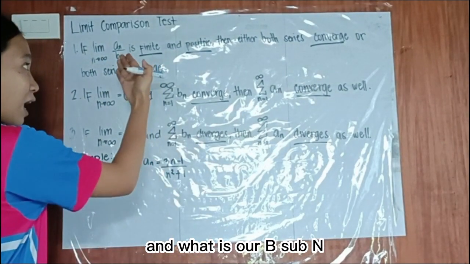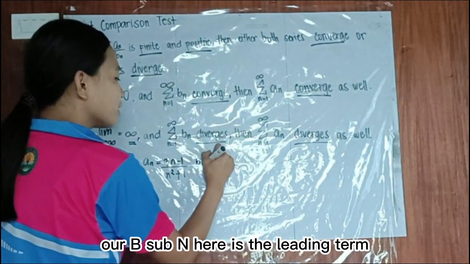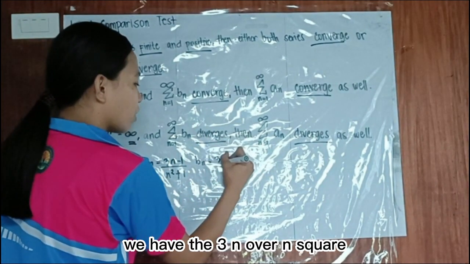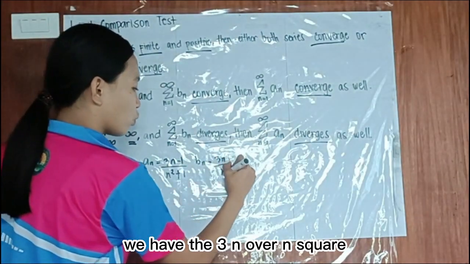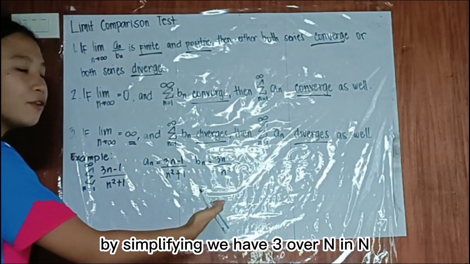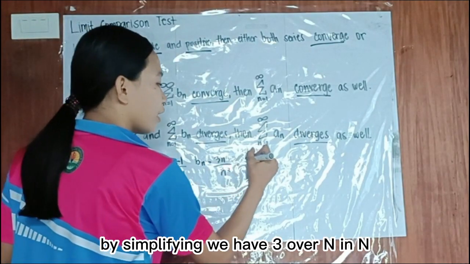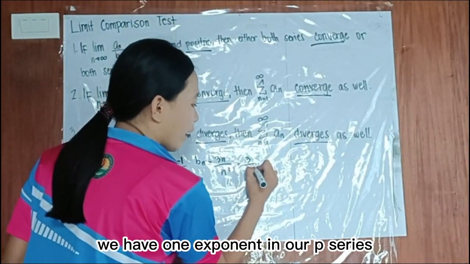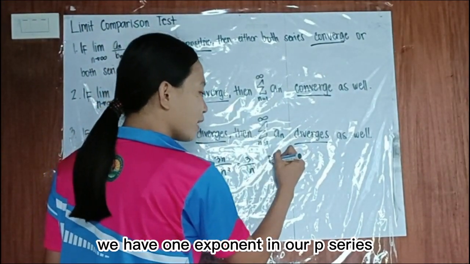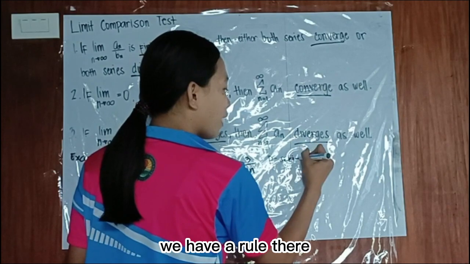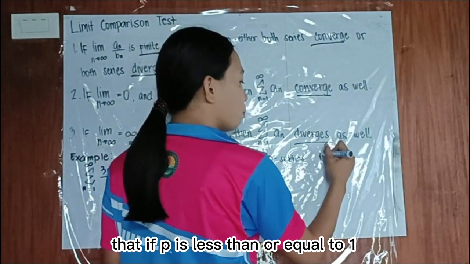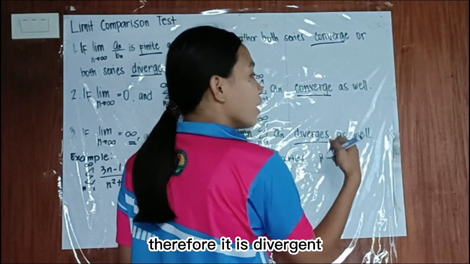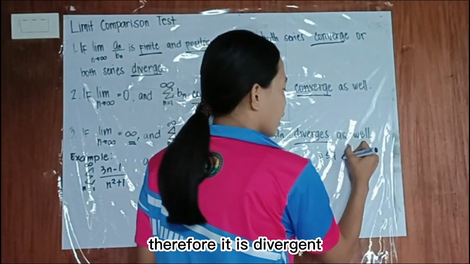And what is our b sub n? Our b sub n here is the leading term. We have 3n over n squared. By simplifying, we have 3 over n. In n, we have one exponent. In our p series, we have a rule that if p is less than or equal to 1, then it is divergent.